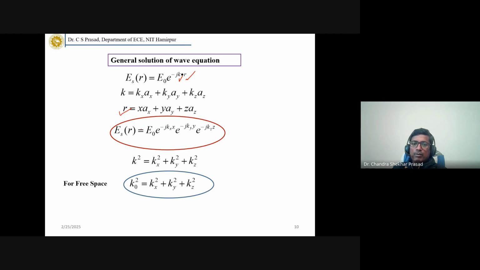So the general form is E naught e to the power minus j kx x, and so on. From here we write k squared equals kx squared plus ky squared plus kz squared. And now if this wave is traveling in free space, we can put this k as k naught, and then this equation must be valid. This means to have this wave propagation, this relation must hold. This is also important.